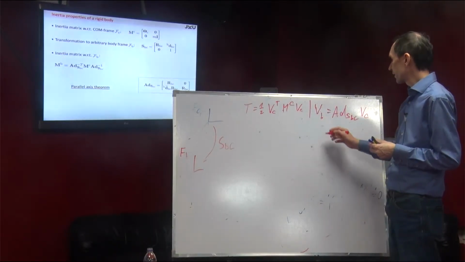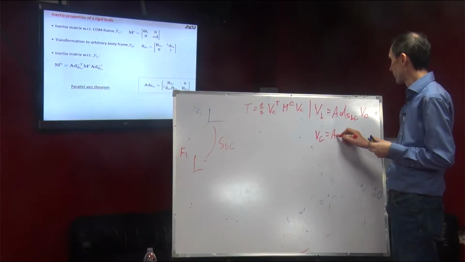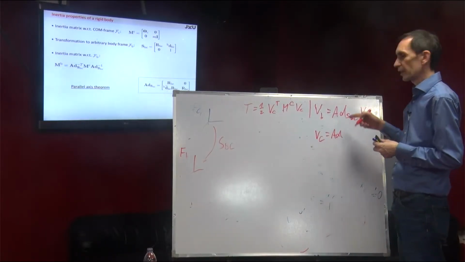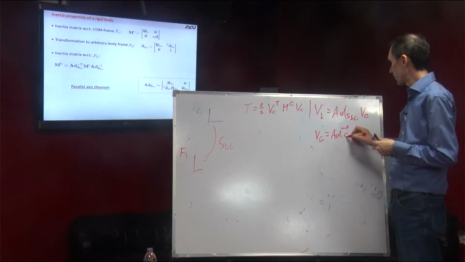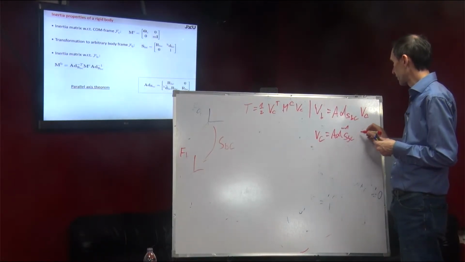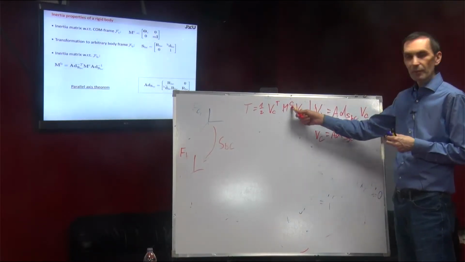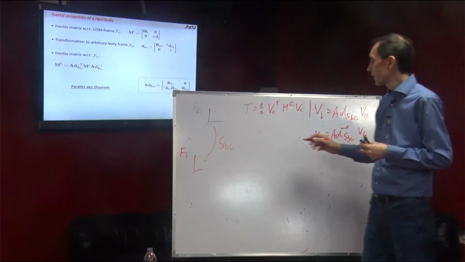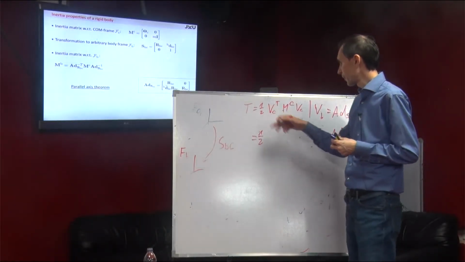And I can use this in here. But when I use it in here, I have to first invert it, right? So V_C is the inverse of that thing, the inverse of the adjoint, which is the inverse of S_BC. But anyway, let's write it like this. And this I plug in here, okay? So I have done the kinetic energy.